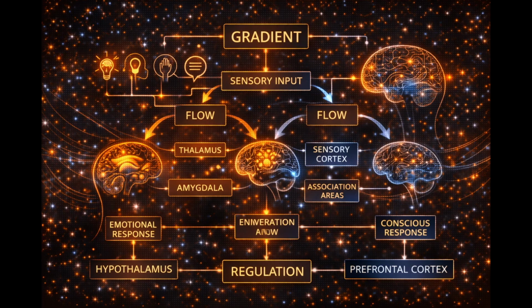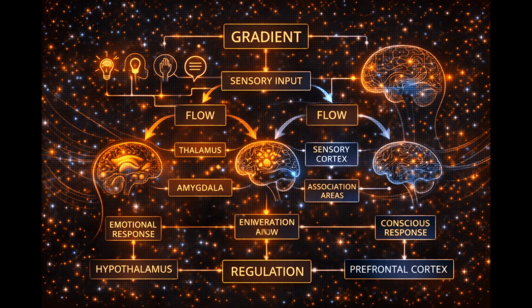In parallel, the cerebral cortex, especially the prefrontal cortex, interprets more slowly, but more precisely. Here, psychological meaning arises. What is happening to me? Hormones here are not feelings, but state regulators.